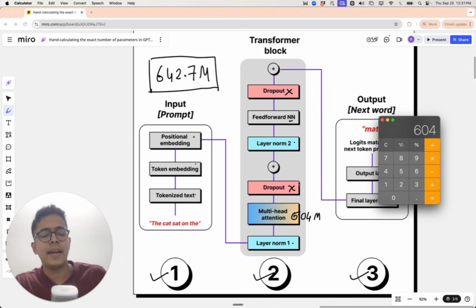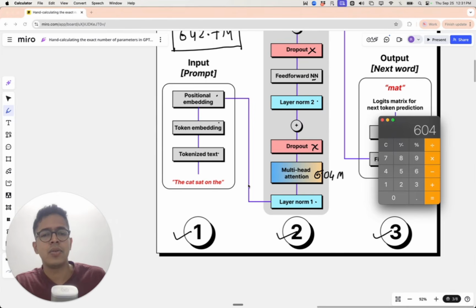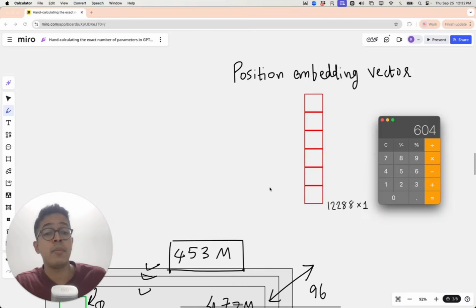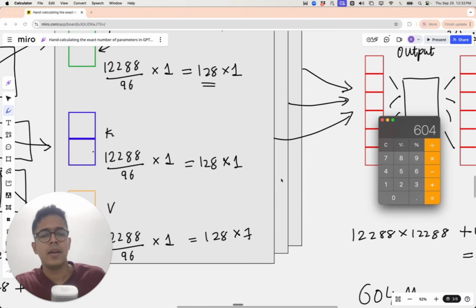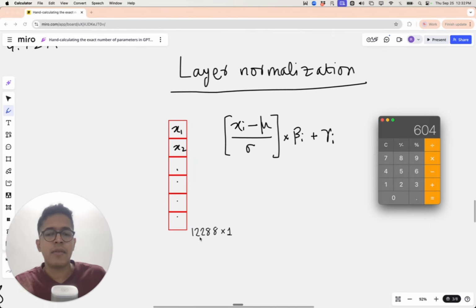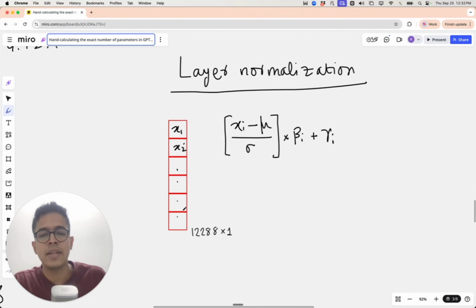Now let's look at the layer normalization. Both of them are identical. So we just need to do the calculation for one of them, and that same number will apply. The number of tokens will be the same for both. So in layer normalization, what happens is you have an input token. After transformation, it still retains this dimensionality. What you do is there are individual values inside each of these dimensions.